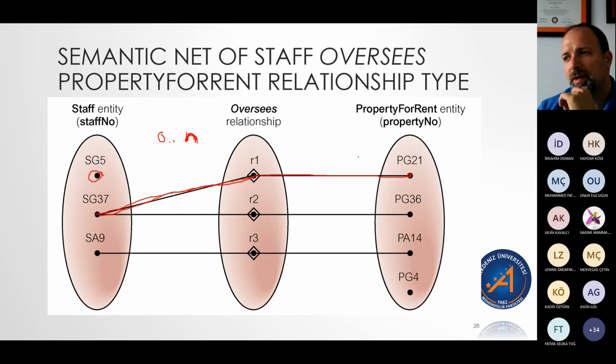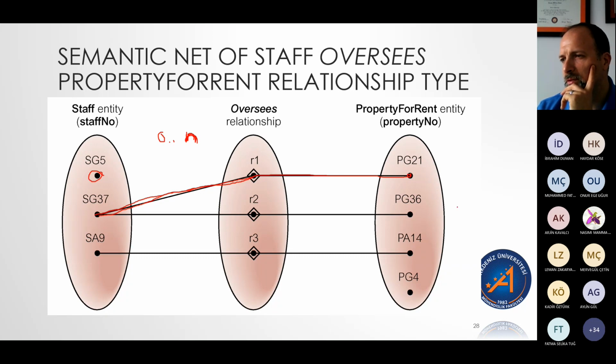According to our example data. Right, this property is only overseen by one person.